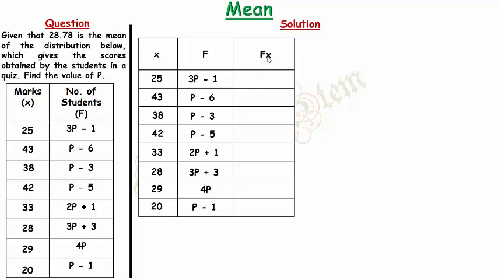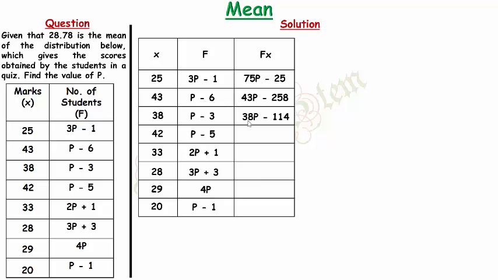The last column will be given the name, the product of the frequency and X. So the first cell will be 75P minus 25, where 75 is a product of 25 and 3P, minus 25 is a product of 25 and minus 1. The next cell will be 43P minus 258, where 43P is the product of 43 and P, minus 258 is the product of 43 and minus 6.